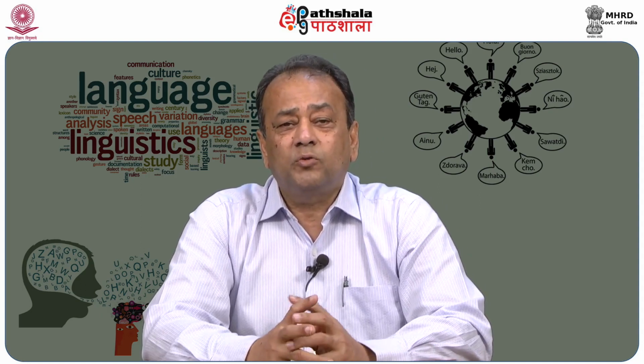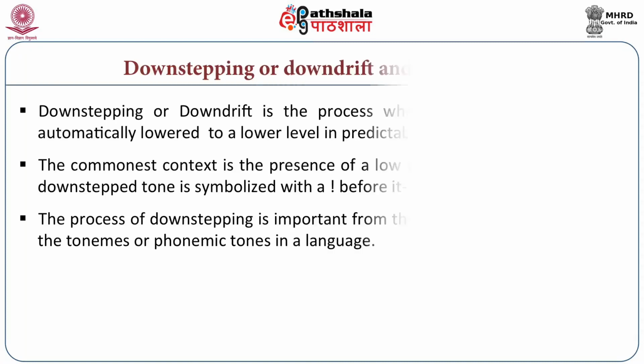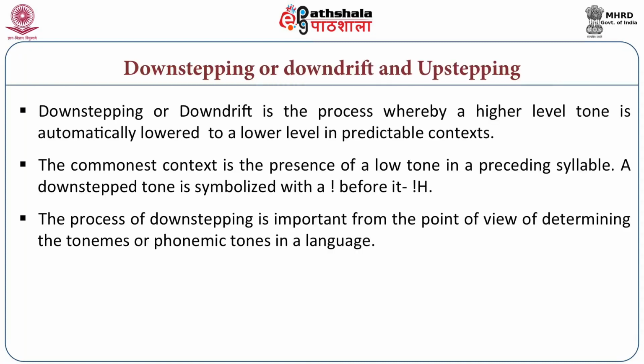Usually it may have to do with a certain adjacent tone. Both these processes are very common in languages with only two tones. However, we have evidence for downstepping and upstepping in languages with more than two tones too.